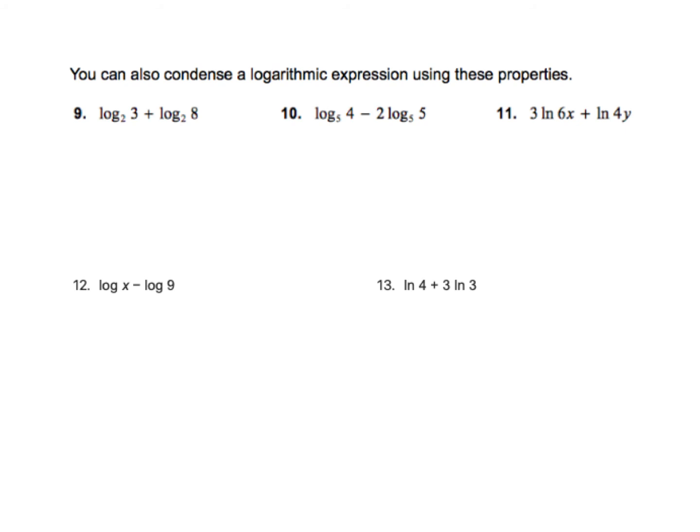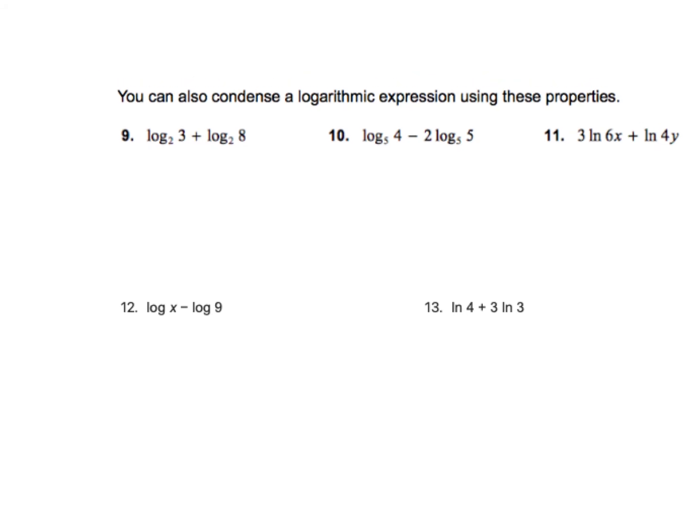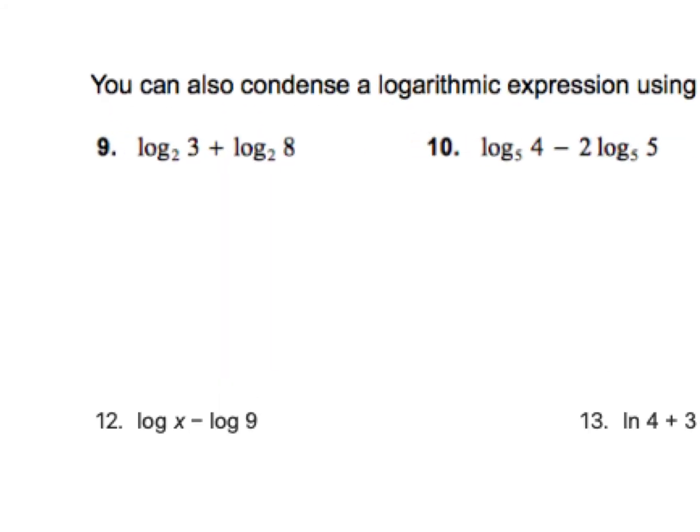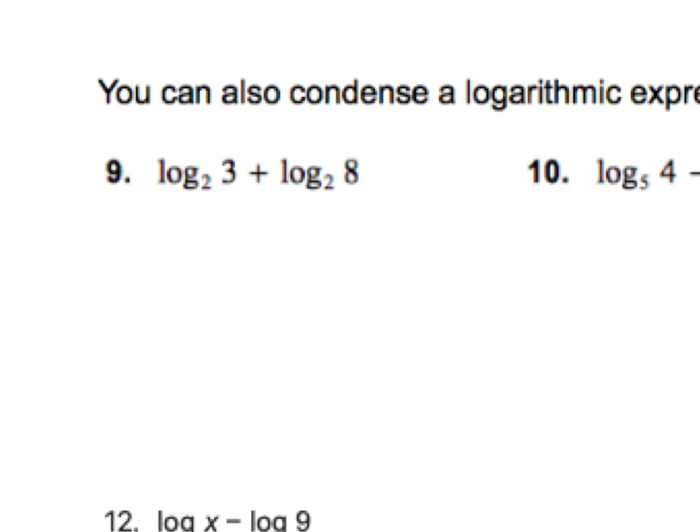Okay, so on that last slide, we took them apart. Now we're going to put them back together. So now they're already broken apart into separate pieces. Now we're going to look at what operation each one has there, and say, well, what does that mean if we want to put it back together? So I have log base 2 of 3 plus log base 2 of 8. Remember that addition means that we are going to multiply.